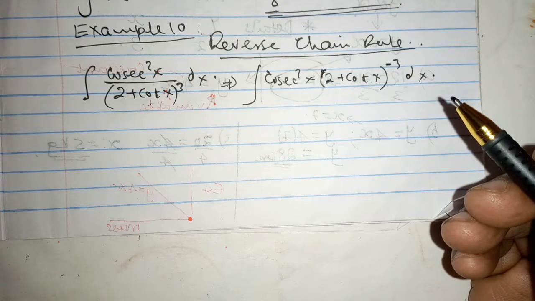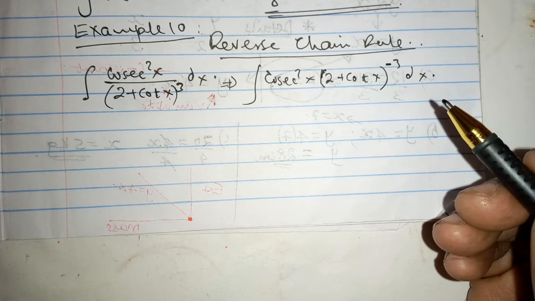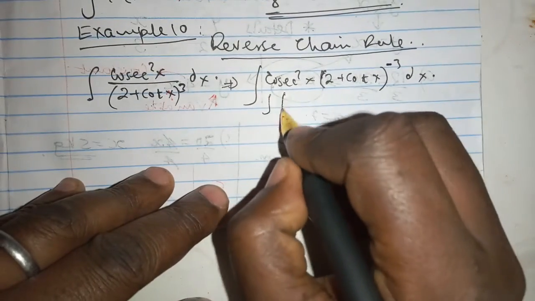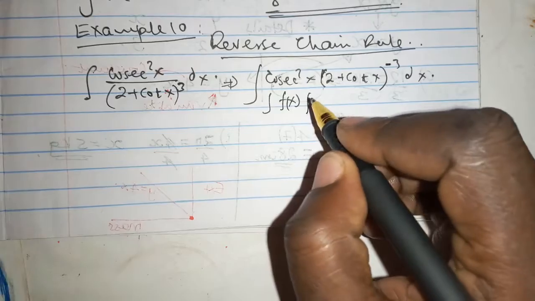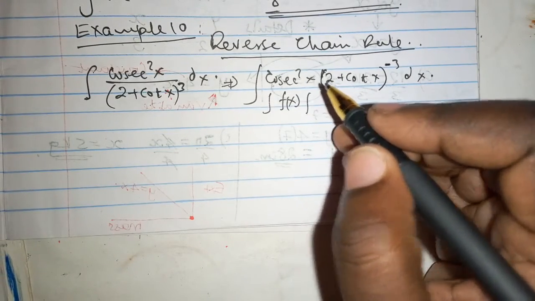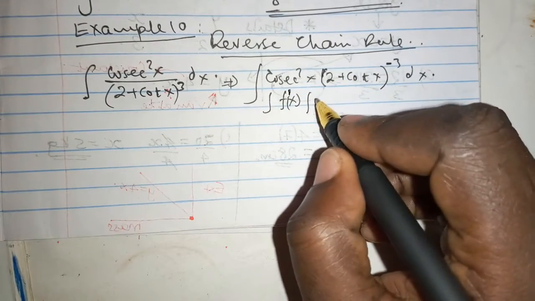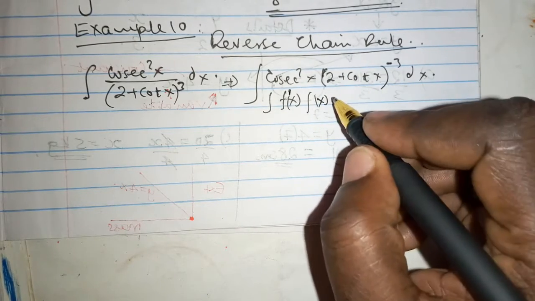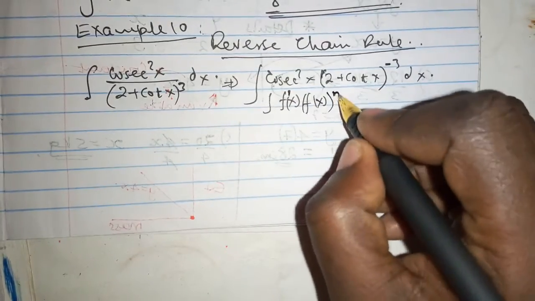With this, we must now assume what we have been told in example 9, that this is already in the form of the integral of f prime x times f(x) raised to power n.